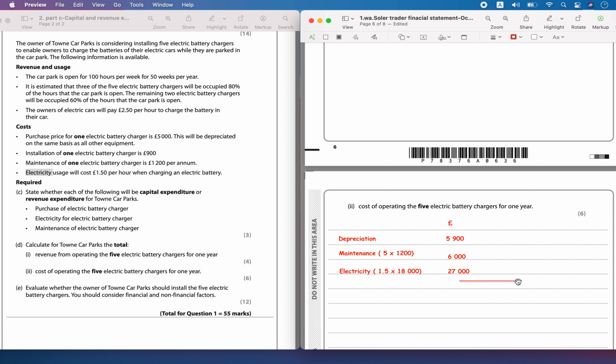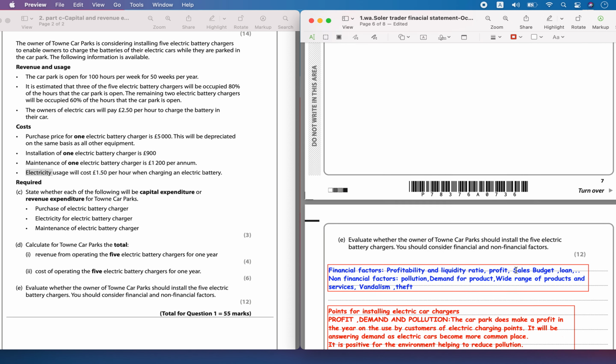Now let's add up all the costs: 5,900 plus 6,000 plus 27,000 is equal to 38,900. So this is the cost of operating the 5 chargers.